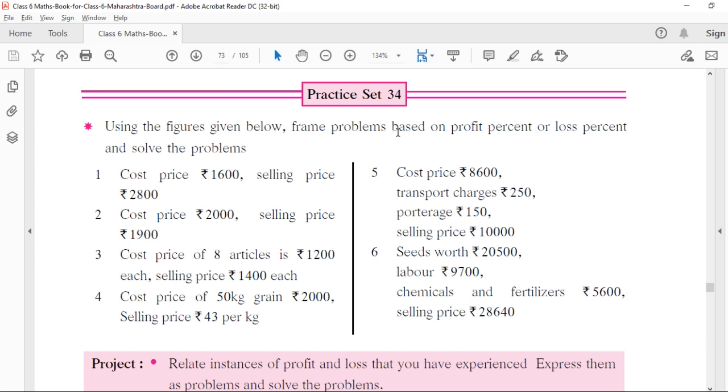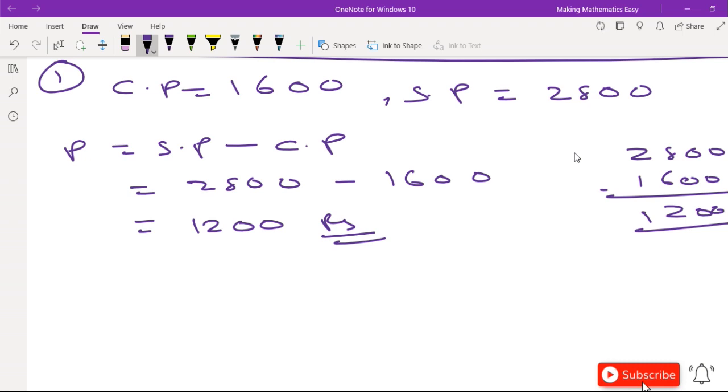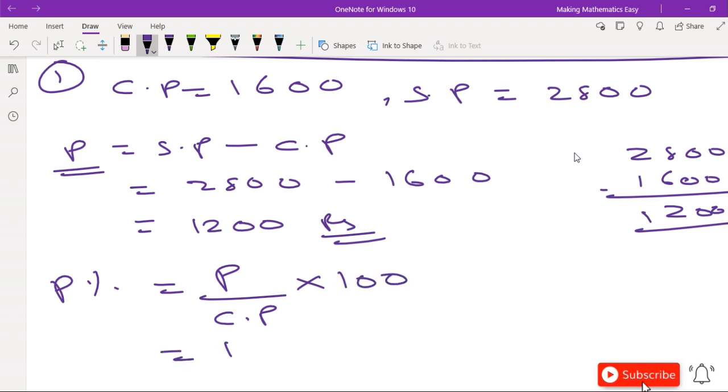Now our problem is based on profit percent or loss percent. In problems where you have profit, you will have profit percent, and in cases where there is a loss, there will be loss percentage. So we have profit over here, so let's find out profit percent. The profit percent formula is profit divided by cost price into 100. Profit is 1200 rupees, cost price is 1600 rupees, into 100.